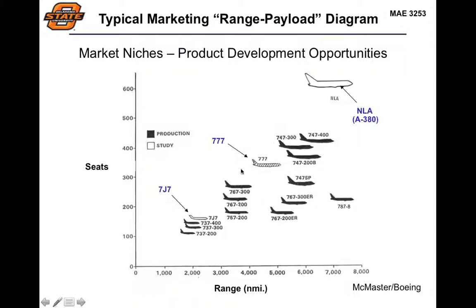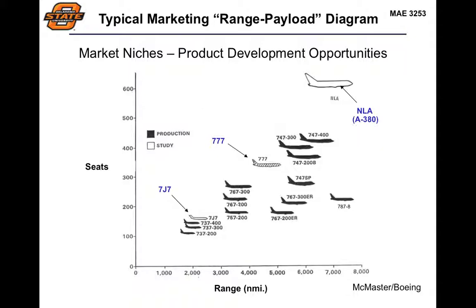Hey, we have this big hole here, right? And so the 777 is going to go in between basically the 767 and the 747 in terms of capabilities. So it's going to fill that gap. It's like, we don't have enough people to really justify a 747, but we could put something here in the 777.